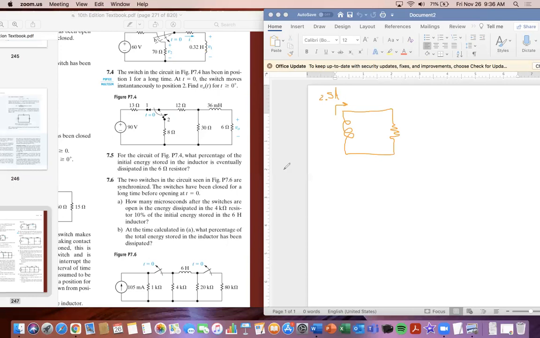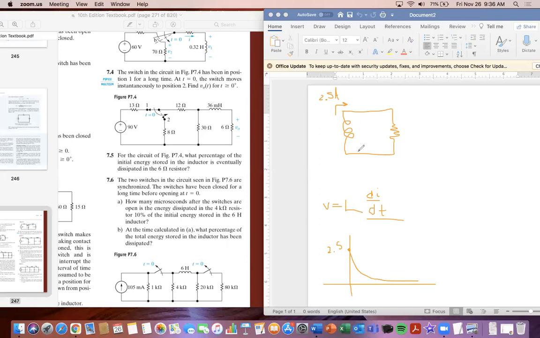Remember the inductor's equation: voltage is equal to L times di/dt. That defines the voltage of an inductor. We know an inductor's current can't change instantaneously, so it's going to slowly drop. It's going to be initially 2.5 amps, and over time it's going to decrease. And that's what's happening within our circuit.